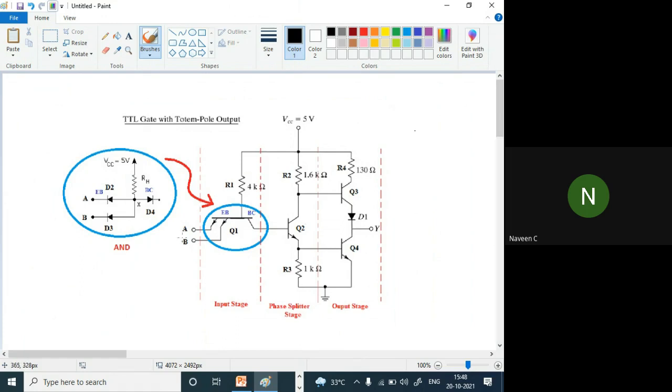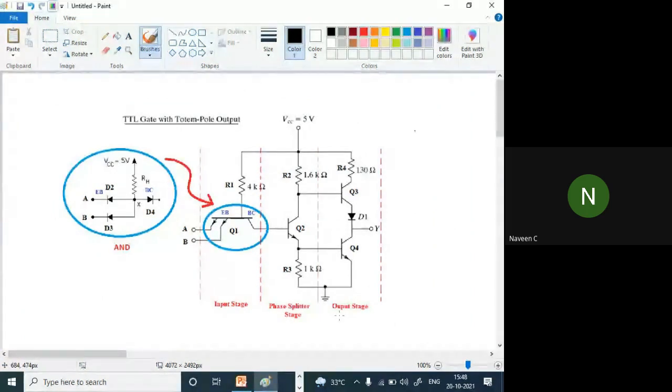The tandem pole refers to how we connected these two transistors. They split this into three stages: the input stage, the phase splitting stage, and the output stage.